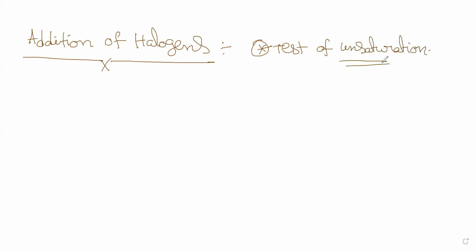What is unsaturation? It will test whether there is a double bond or not. This is also used for testing to find a double bond. If the given compound contains a double bond, this is the test you can use.